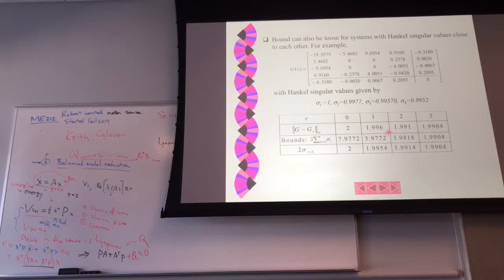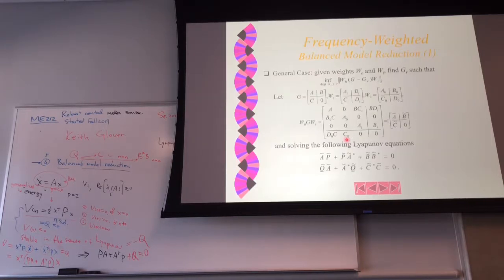Sometimes it's big, sometimes it's small. So it can be tight, and it could be loose. That's the message. But there's no better way than this so far, for when you truncate, to know the size of the uncertainty you introduced.